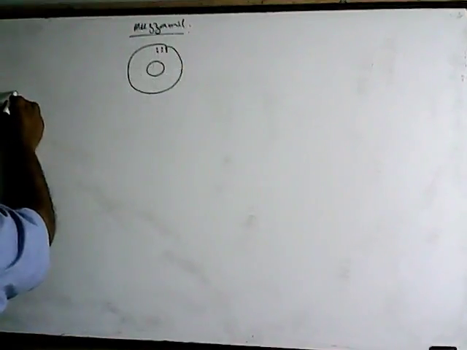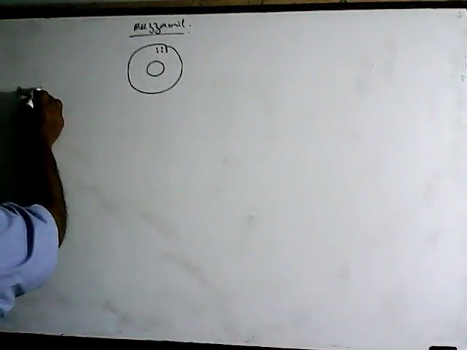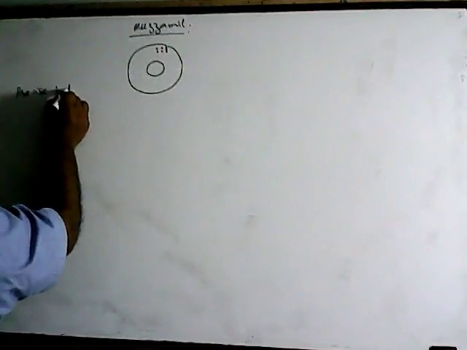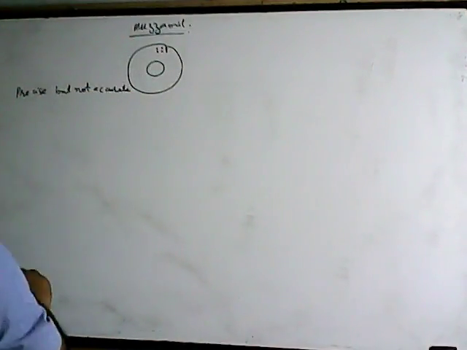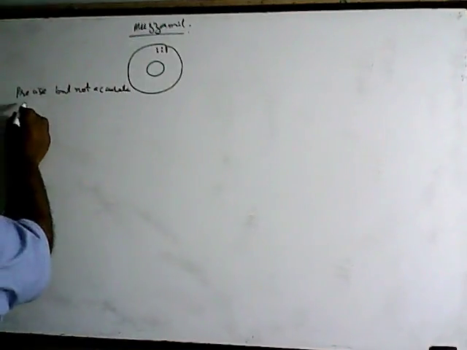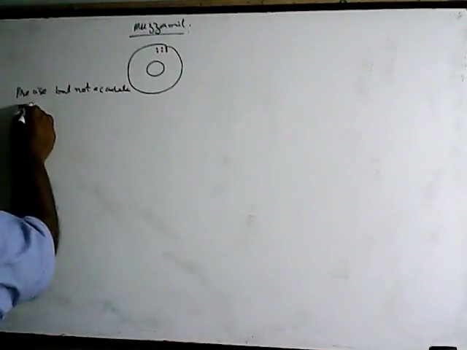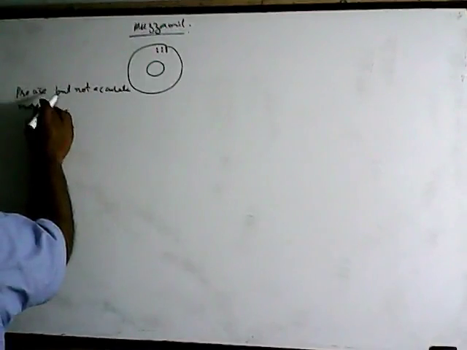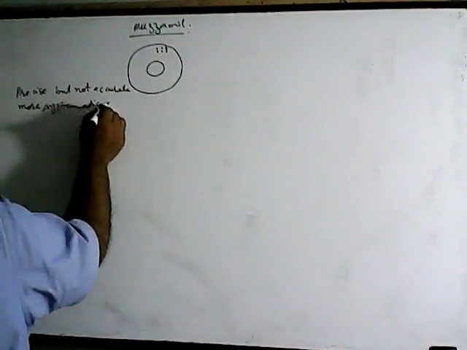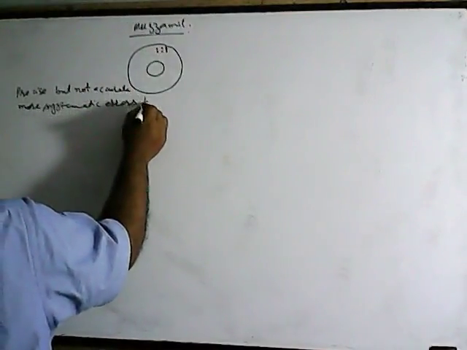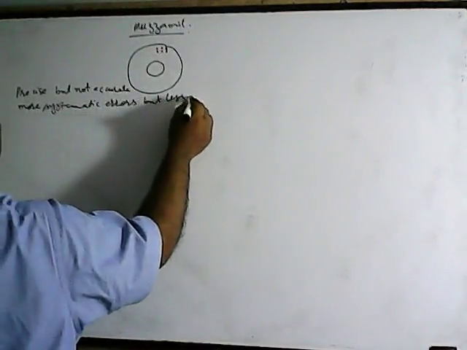So he was precise but not accurate, or there were more systematic errors but less random errors.